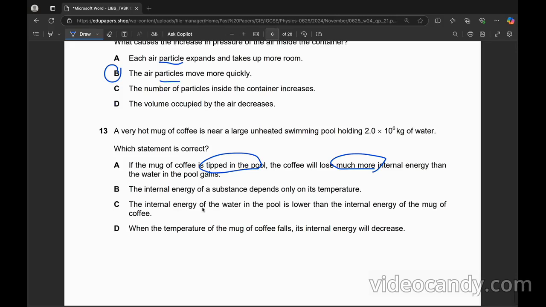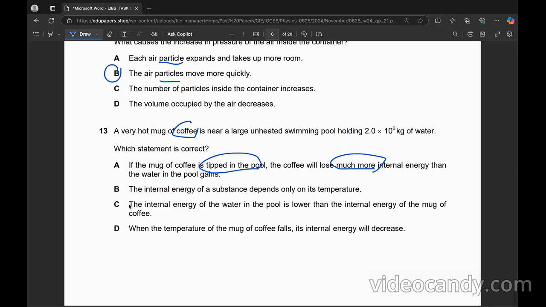The internal energy of an object is the total energy of all the kinetic energy and potential energy of all the particles combined. So you have coffee, just a mug. It's a small volume, but now you have a very large swimming pool, and there are many more particles than here in the mug.